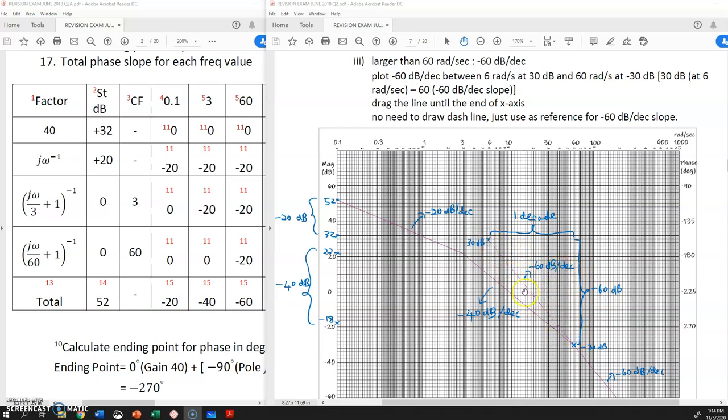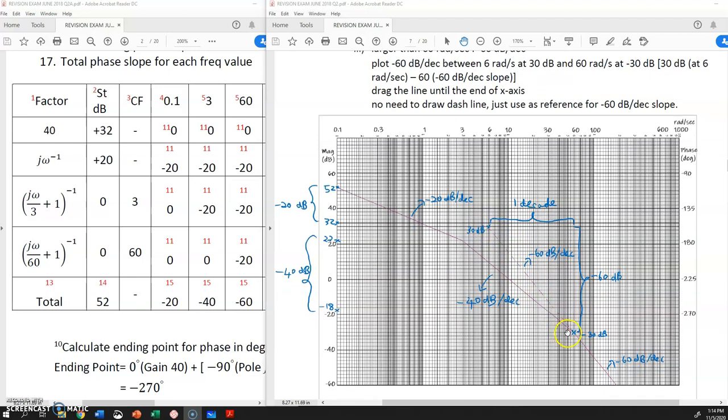But you do not want to plot it here. This is just a reference. So you plot from 60 radian per second and above, the slope is negative 60. The real magnitude plot of negative 60 dB per decade starts from 60 radian per second until the end of the x-axis of your semi-log graph paper.